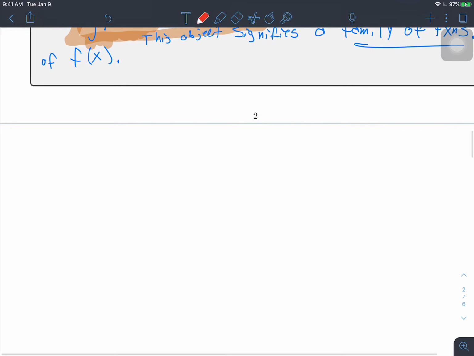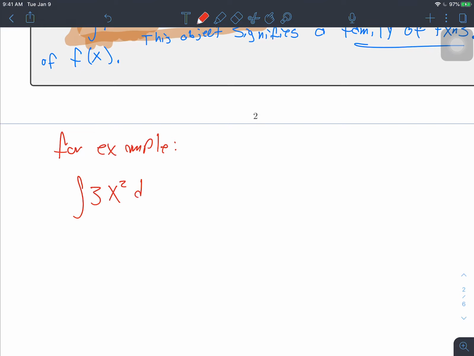For example, the way we would write the one we did earlier would be integral 3x squared dx is equal to x cubed plus c. Okay, so what is this statement really saying?